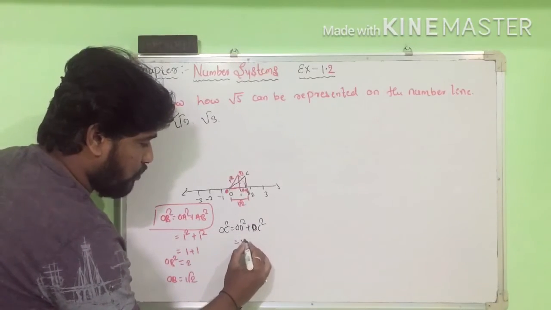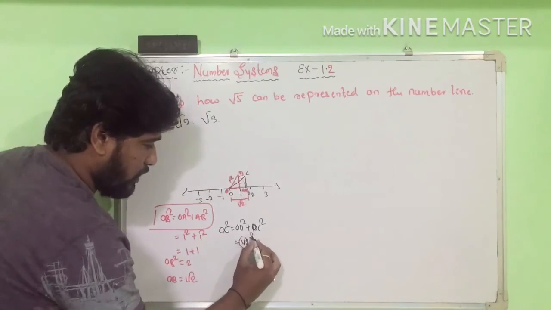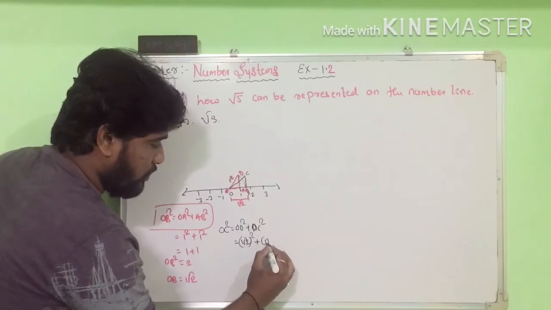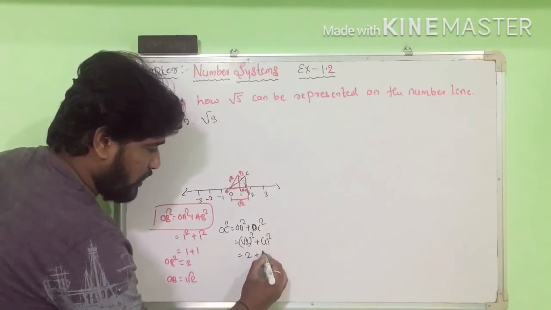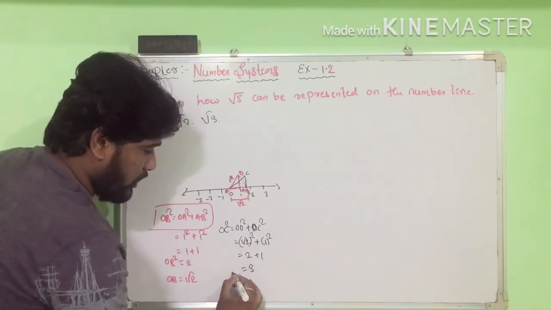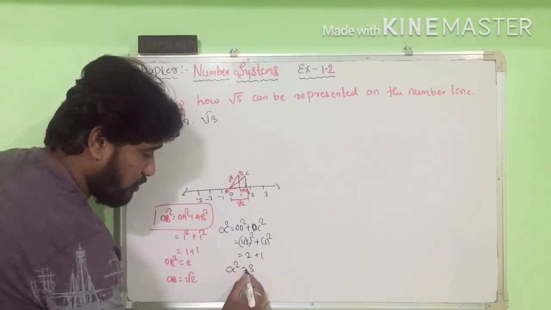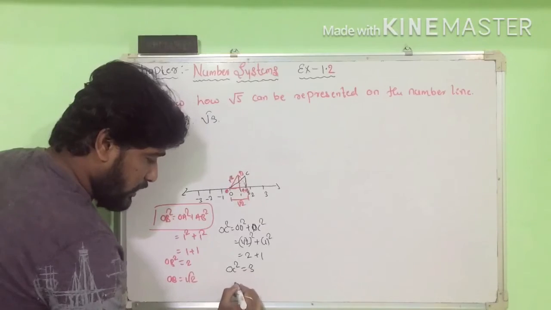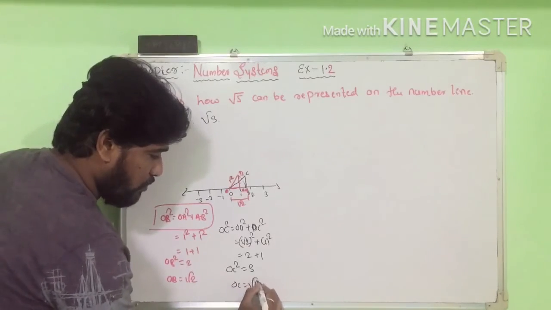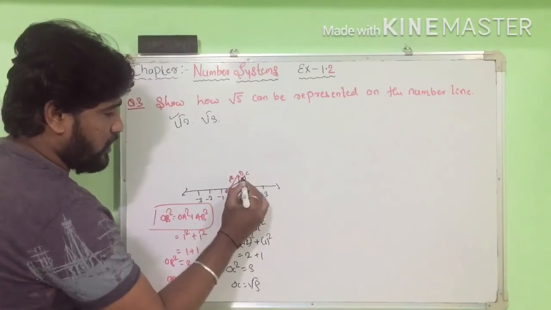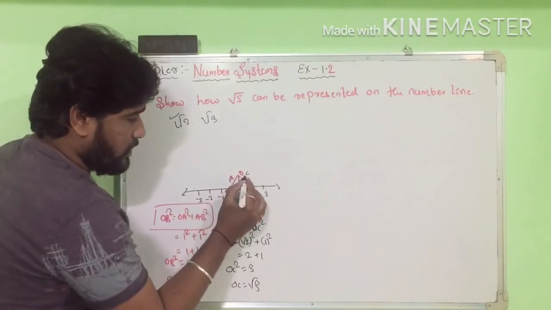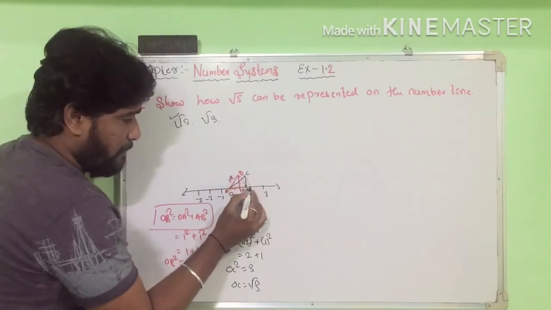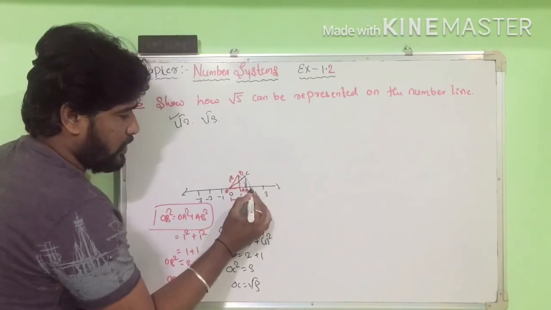So OD is root 2, whole square, plus DC is 1 unit. So root 2 square is 2, plus 1 square is 1, is equal to 3. So OC square is equal to 3. Then OC is equal to root 3, right? So this much distance is root 3. With the help of a divider, we will take this distance and cut the number line. So here is root 3.